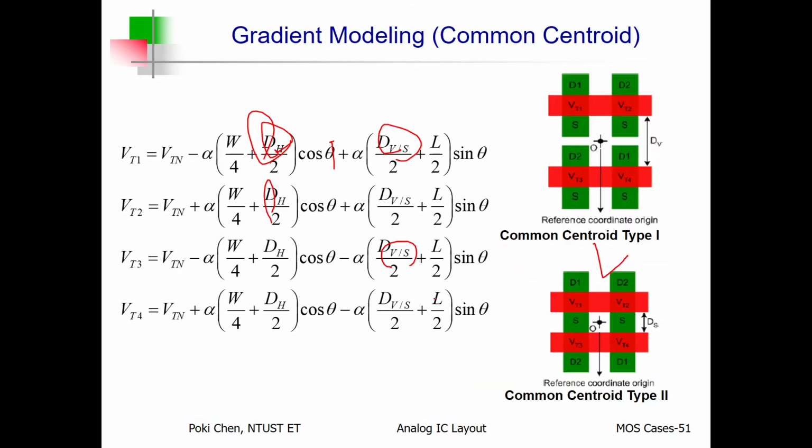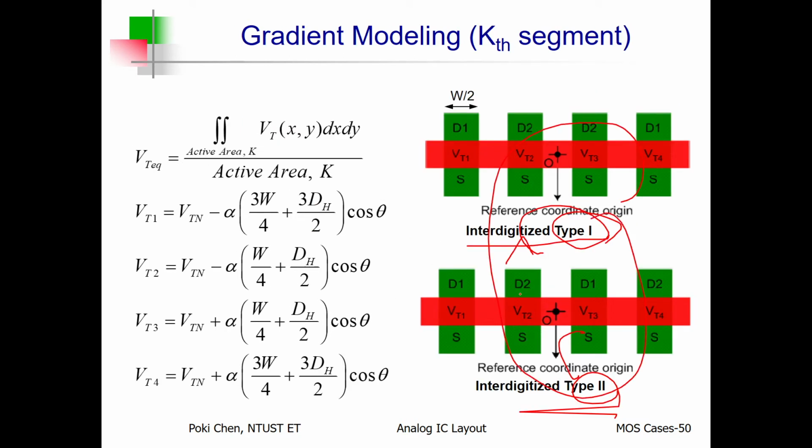Then let's have a look at common centroid type 1 and type 2. They belong to two-dimensional layout pattern. Let's have a look at the difference in impact between the two-dimensional layout pattern and the one-dimensional one. Look, this is only for 1D. Even though type 1 fits the common centroid layout requirement, it has only a one-dimensional layout pattern.